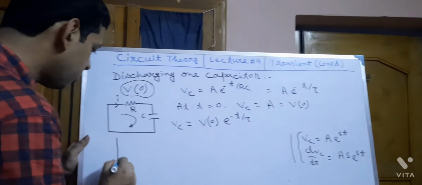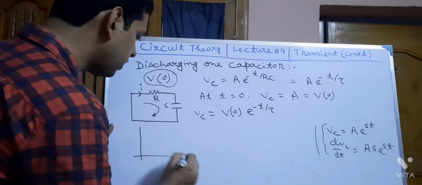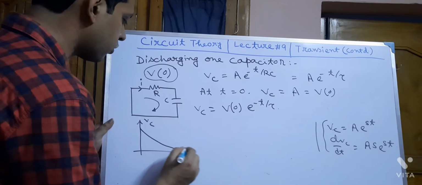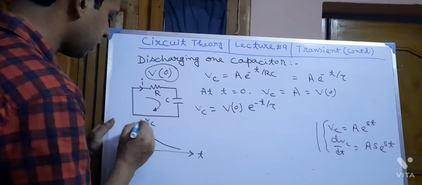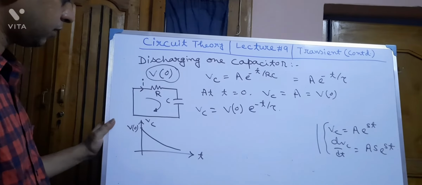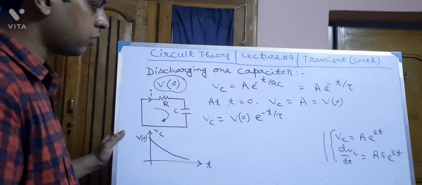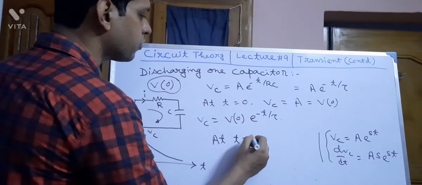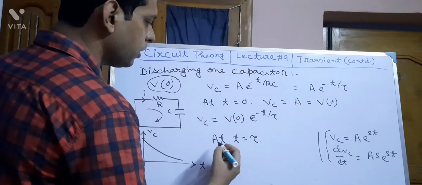So if we want to plot Vc, we will get this sort of waveform. The initial voltage across the capacitor will be this one, V0. Now at t equal to tau, what will happen?